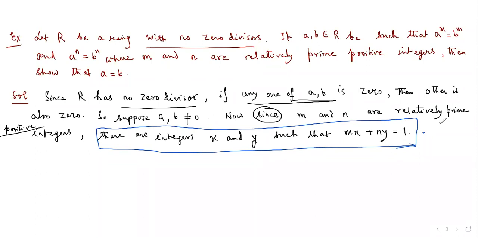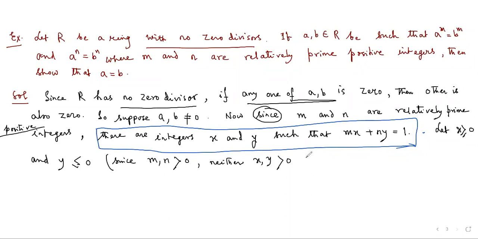Okay. Let x greater than or equal to 0 and y less than or equal to 0. Why? Since mn greater than 0, neither x, y greater than 0 together nor x, y less than 0 together is possible.